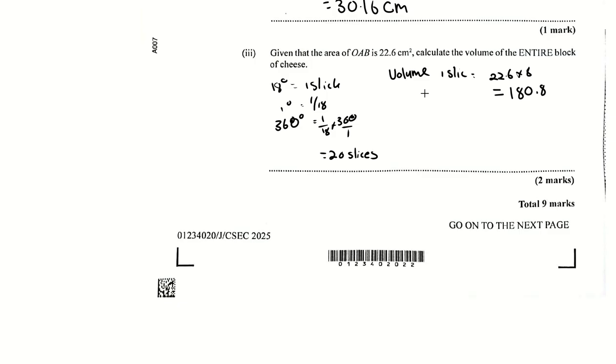But what do we want to find out? Your 20 slices. So 180.8 multiplied by 20 is equal to 3,616 centimeters. No, this is volume, centimeters cubed. Right, and that is how you would find the volume for the entire block of cheese given the information given.